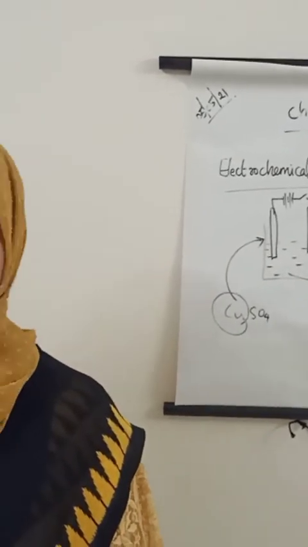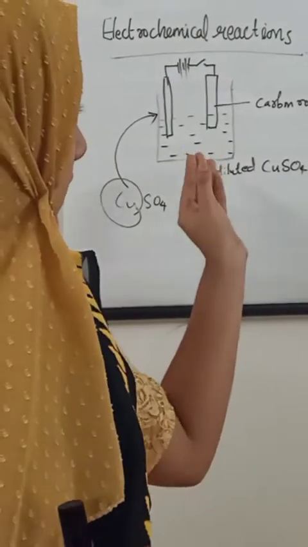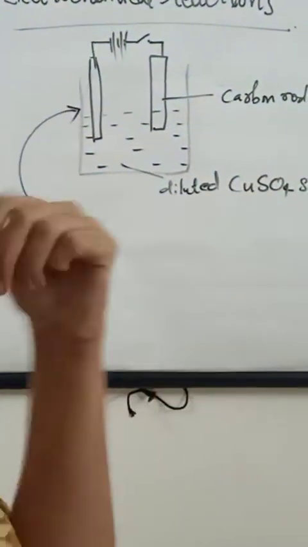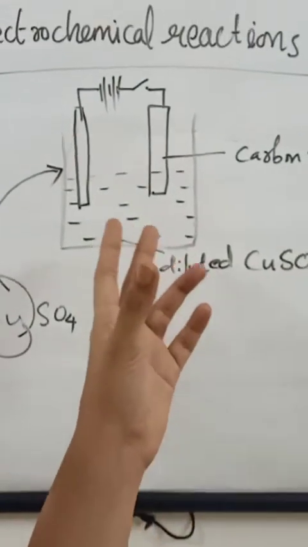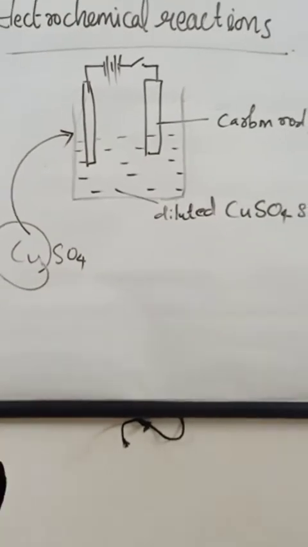Okay, students. From this experiment, we can see that the color of the copper sulfate solution becomes dim and copper is deposited onto the carbon rods. So it proves that a chemical change has occurred in this reaction.